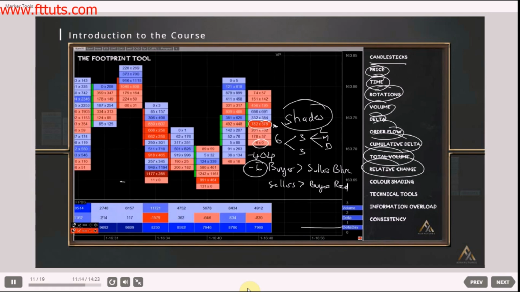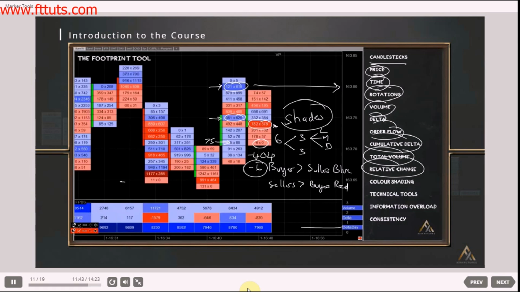With the buying, in this example we can see positive 75, therefore it's blue, because there's more buying volume than selling at this price point. Then as we go a little higher, we see a slightly darker shade of blue, because the delta is more positive, as there is more buying interaction occurring at this price. The darkest shade of blue occurs where we have the highest positive delta at price point 80.